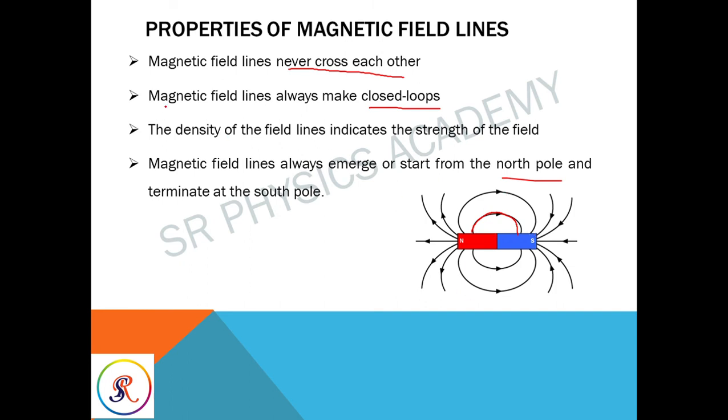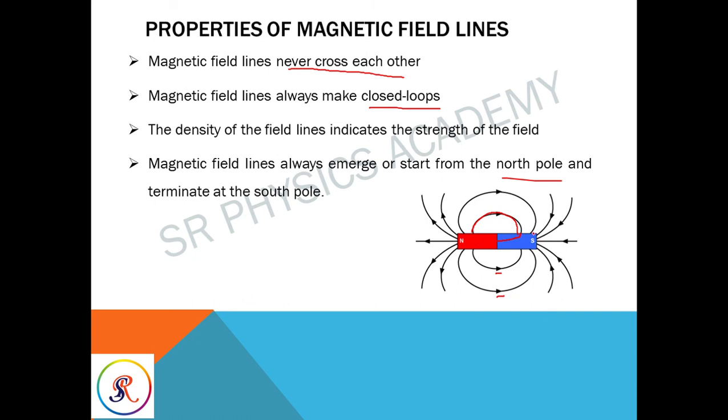Now, what is the second point here? Magnetic field lines always make closed loops. What is the meaning of a closed loop? Here this line starts from this arrow, which goes from north to south. If we see a closed loop, it means north to south, and then again it continues inside the magnet and joins this line.